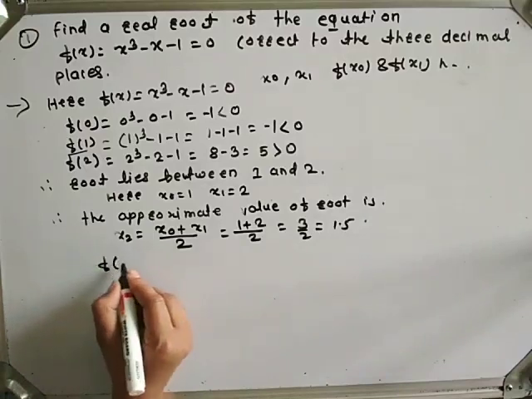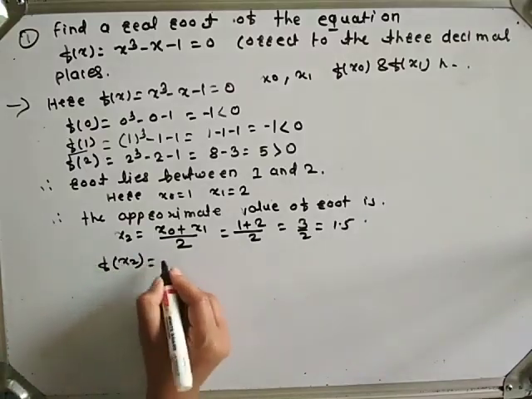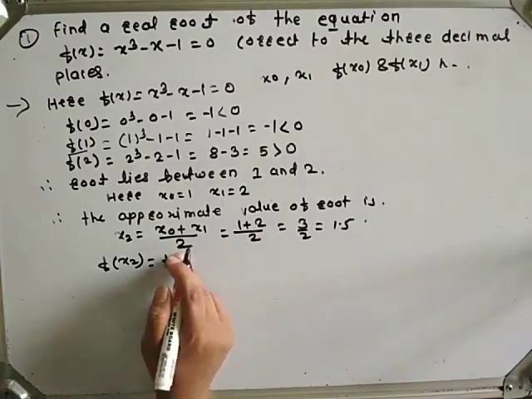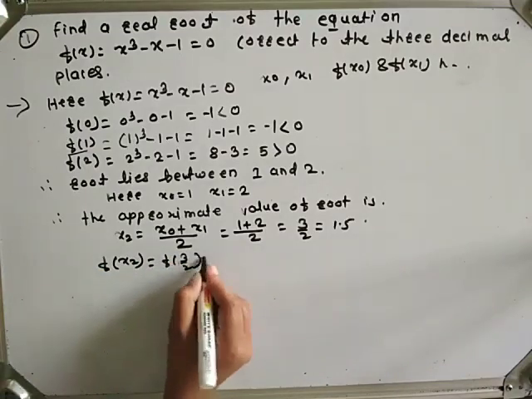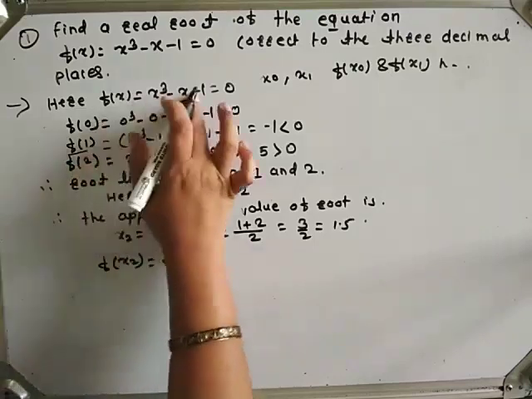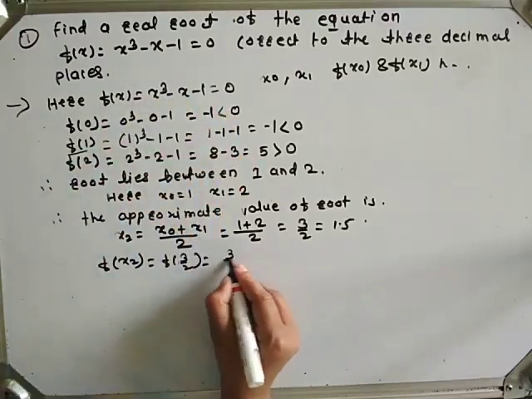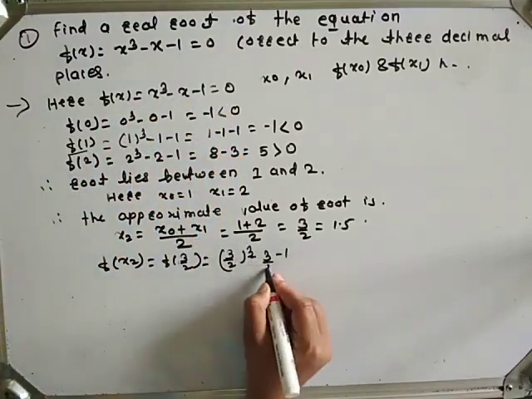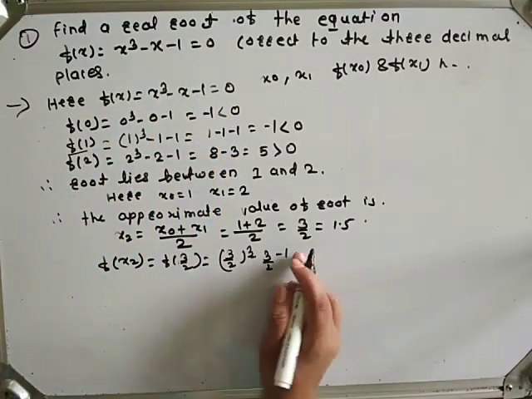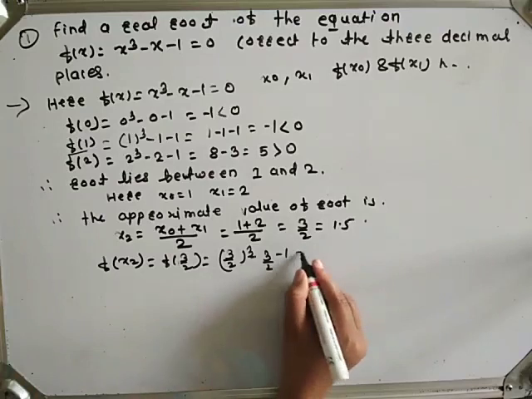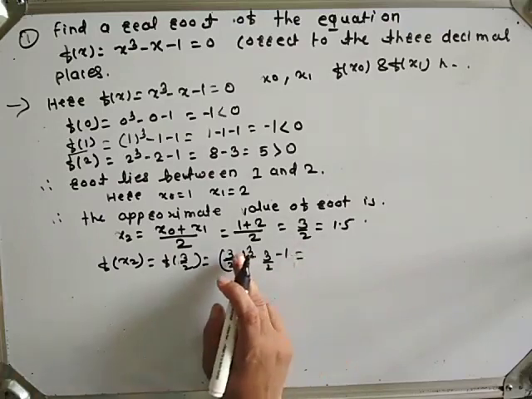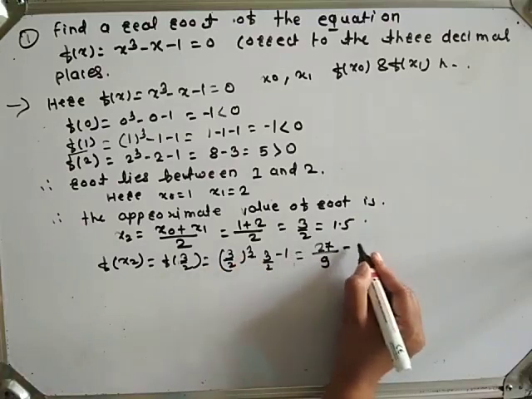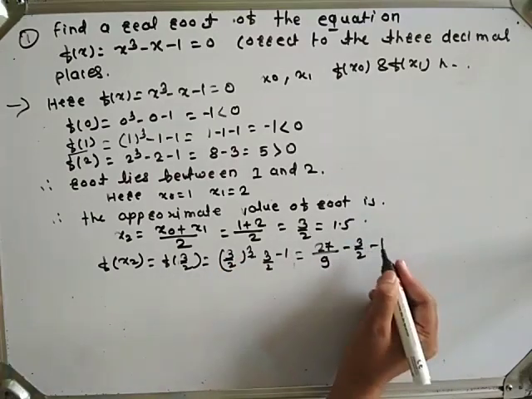Now find the value of f at x2, that is, the value of f at 1.5 or 3 by 2, which is equal to 3 by 2 cube minus 3 by 2 minus 1, which is equal to 27 by 8 minus 3 by 2 minus 1.